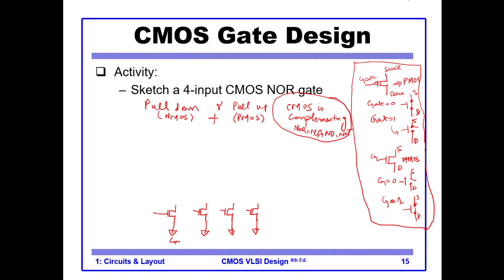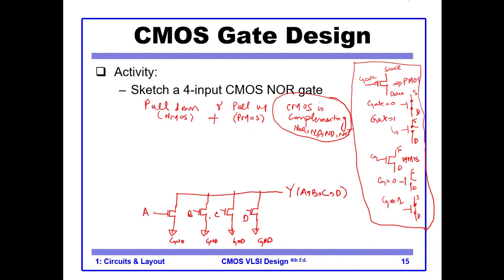So this is ground, ground, ground, ground. And they are connected to, for example, A, this is connected to B, it's connected to C, this is connected to D. And all these are then connected to our output. So for example, this may be Y, which is a function of A, B, C, D.